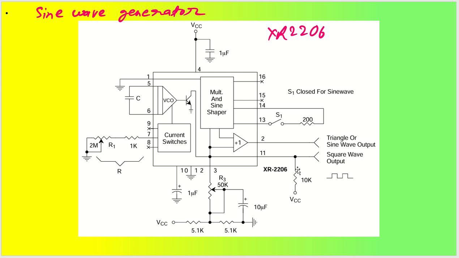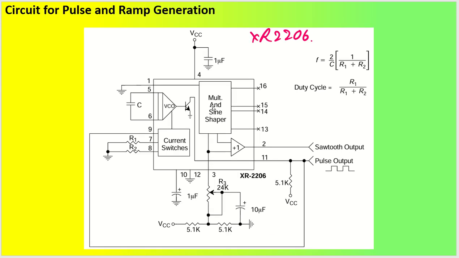Coming back to the other parts, one more circuit was given in the data sheet. So this is that circuit, which can give you a circuit for pulse and ramp generation. For pulse output, if you want a square wave output, that can be taken directly, and at pin number 9 you can see we have the frequency shift keying pin, which has been taken directly here and is taken as feedback to give you a pulse waveform.